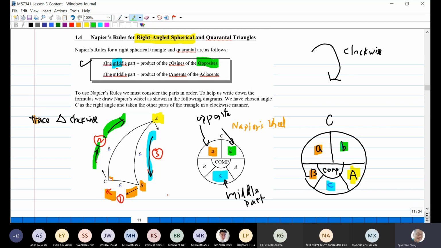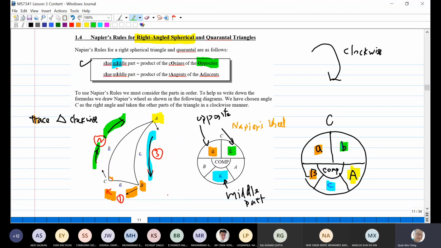So what does it mean now? It means that sine of the middle part is the product of the cosine of the opposite. The only thing we have to bear in mind is that because of the word co-m there, anything below the half circle, you must put in a co-m.